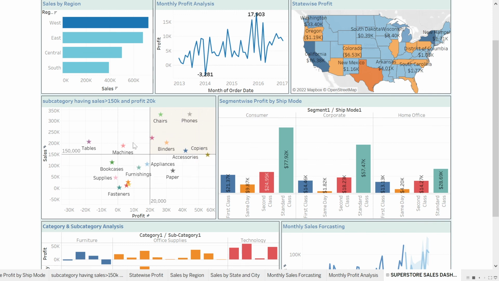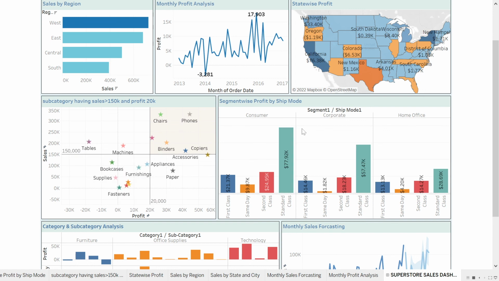Also, for the tables subcategory, sales are very high, almost 2 lakh 6,096. But we can also see a huge loss, minus 17,725, followed by two more categories, bookcases and supplies. These three categories are in loss.